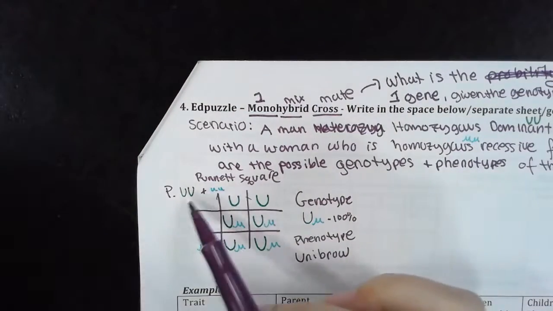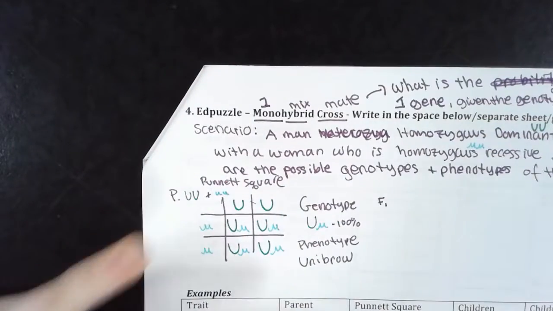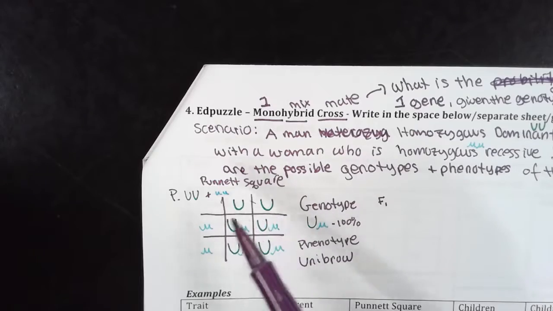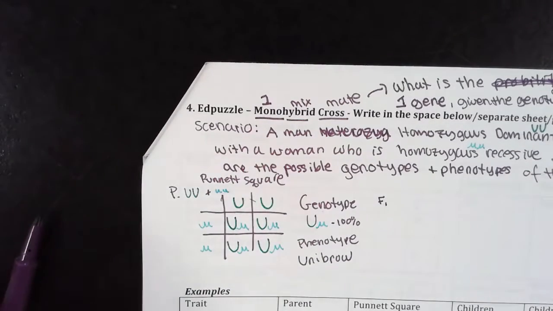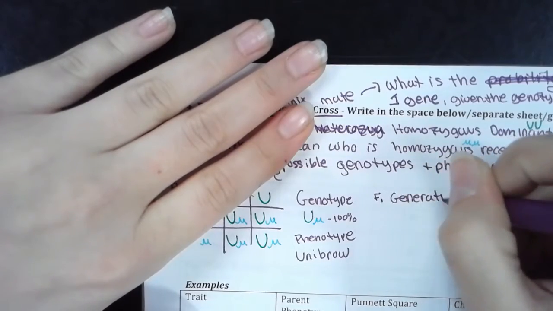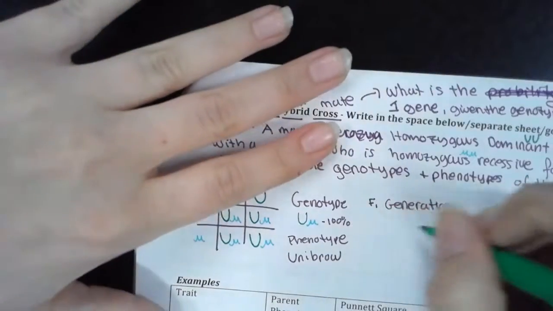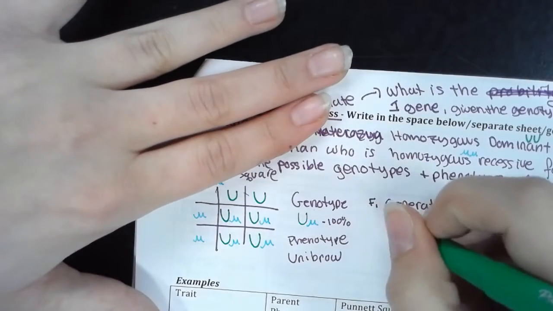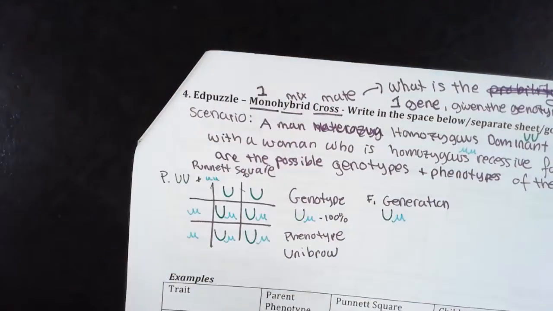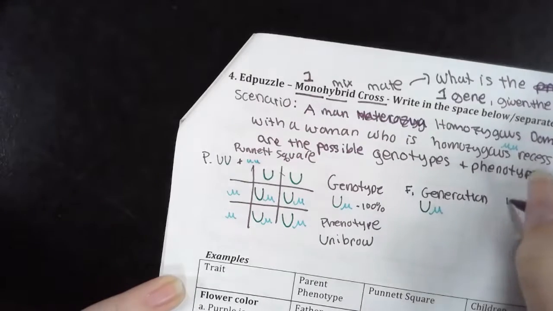Now that was my parents, and then what we call in science our first generation, that's when we cross our parents, which are normally homozygous dominant and homozygous recessive. My F1 generation was actually everything inside of this box, so that means that my F1 generation would be capital U, lowercase u. Alright, now there's something called an F2 generation.